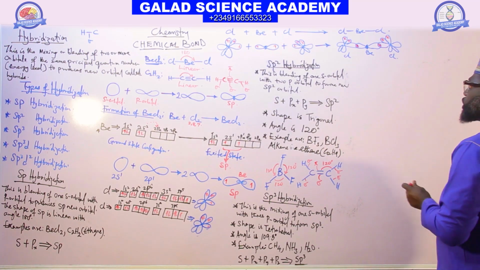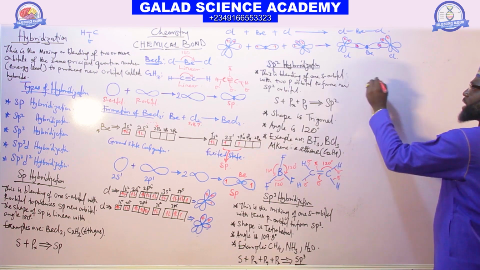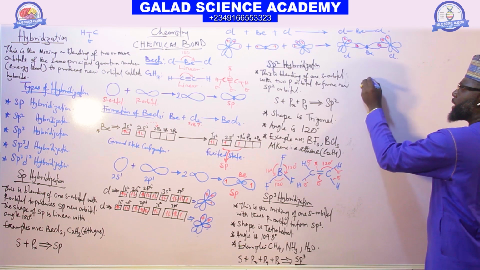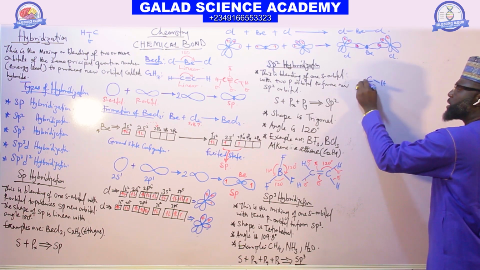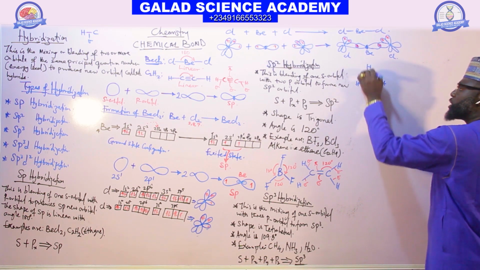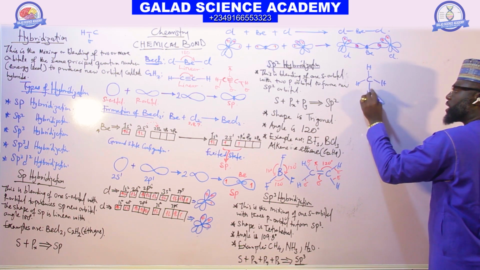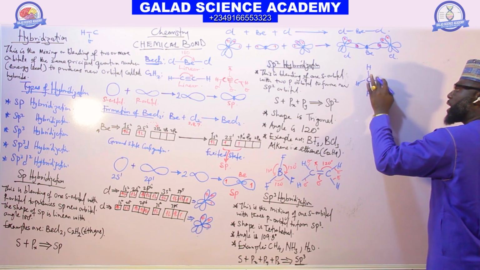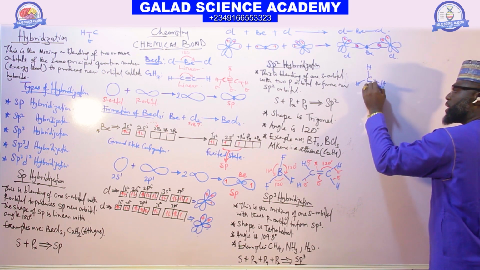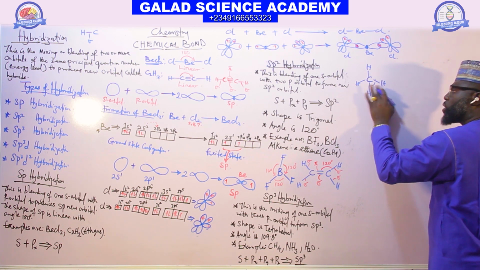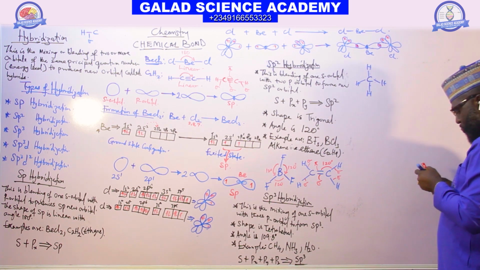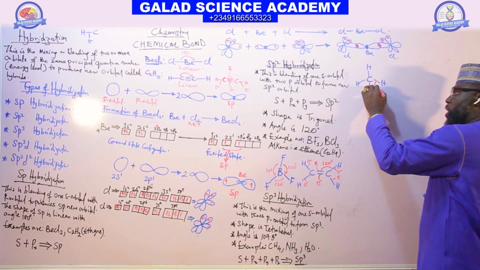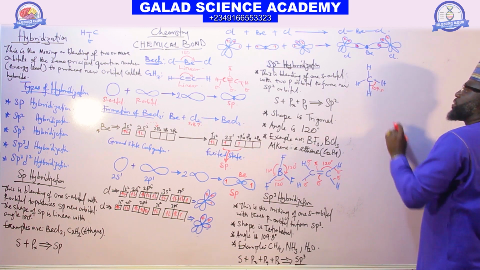So let us look at the shape. We can use methane. This is the tetrahedral shape, and the angle here is 109.5 degrees.